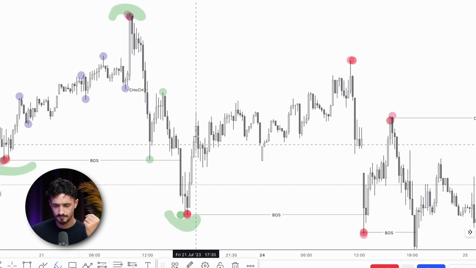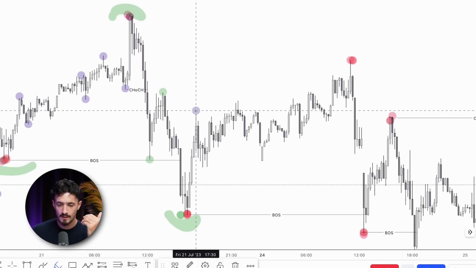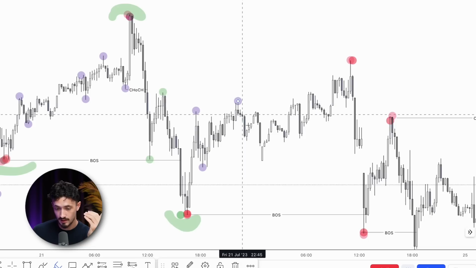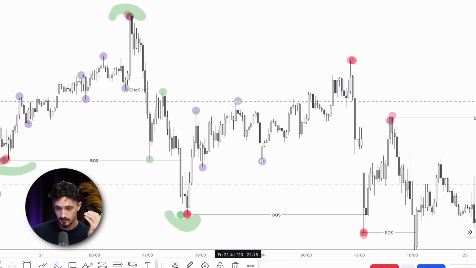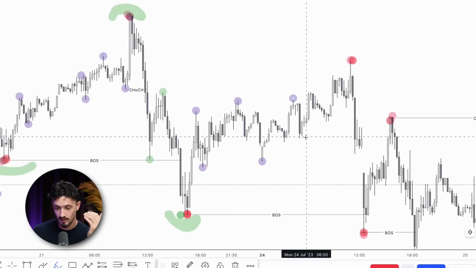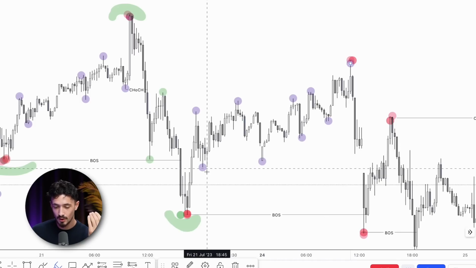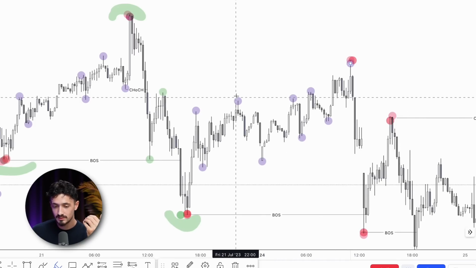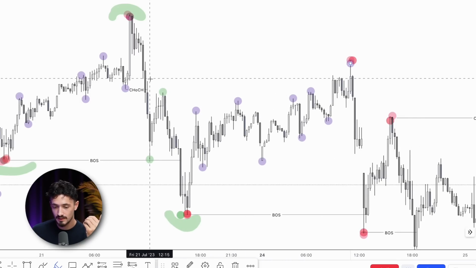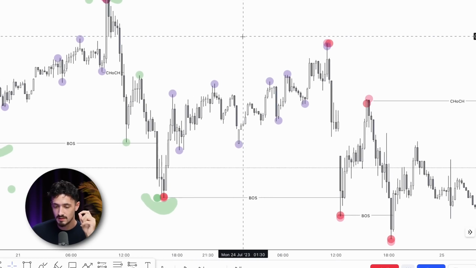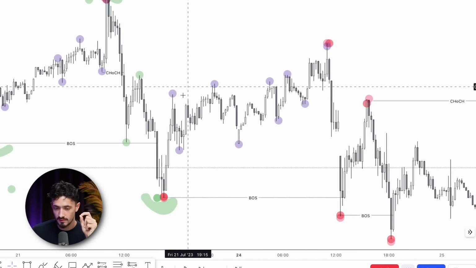Price puts in a lower low, price pulls back, higher high, higher low, higher high, higher low, higher high, higher low, and higher high. So notice again, our internal order flow begins to be bullish. We begin to put in a series of higher highs and higher lows. The present moment structure for this is bullish.